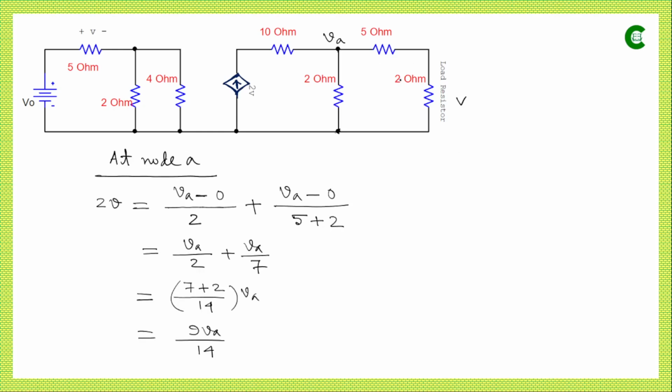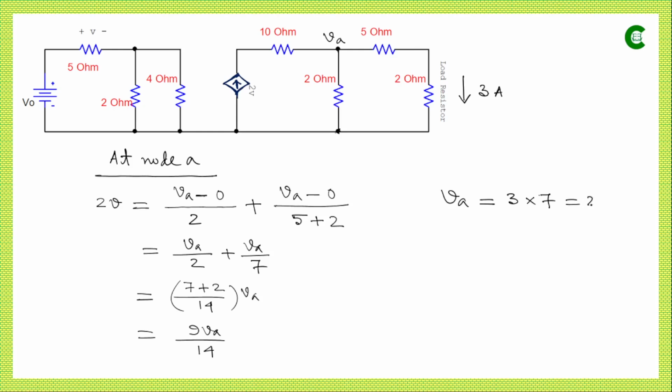Now from this part of the circuit, we also know that the potential difference between these 2 points, which is VA minus 0, that means VA only, will be equal to the current flowing through this path, which we have already calculated as 3 ampere, multiplied by the total resistance of this series path, which is 7 ohm.